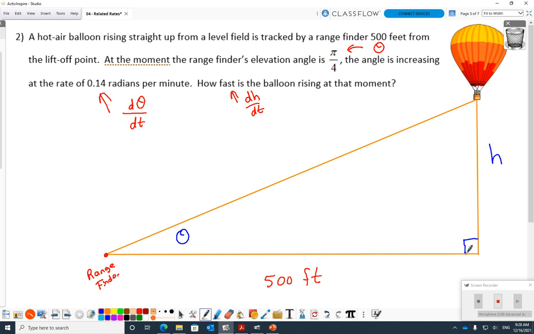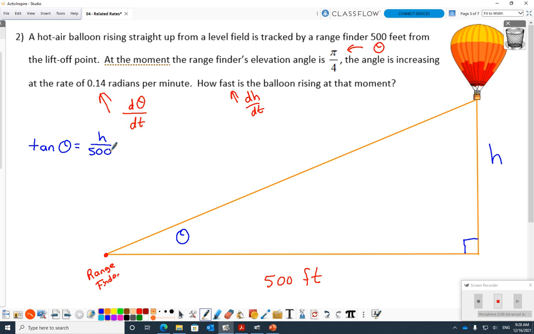At first you're like, oh no, tan, not tan. And then you're like, well, wait a minute. We know tan. We can do the derivative of tan. It'll be all right. Okay. So, tan theta equals h over 500. We good so far?